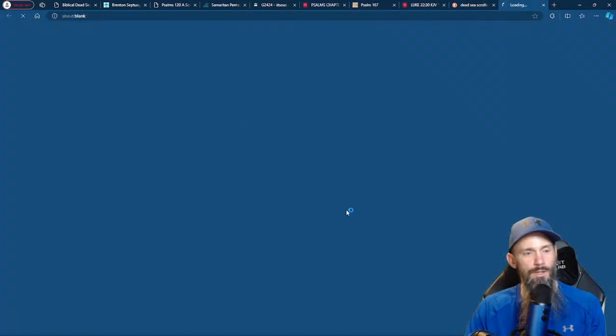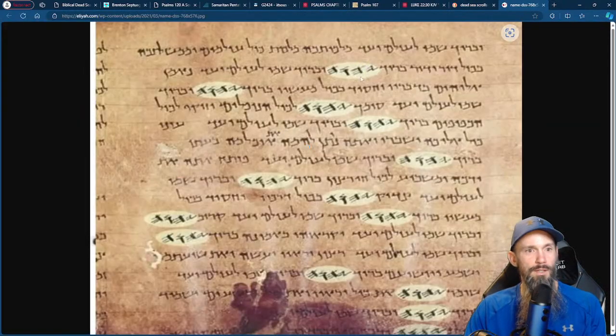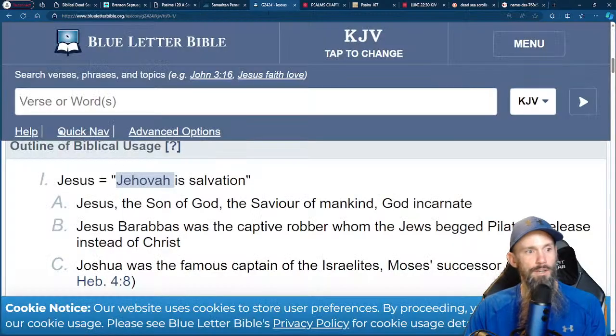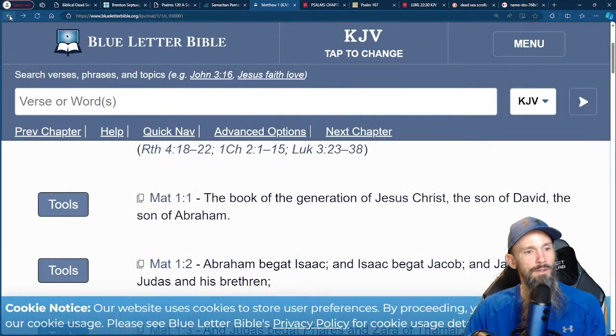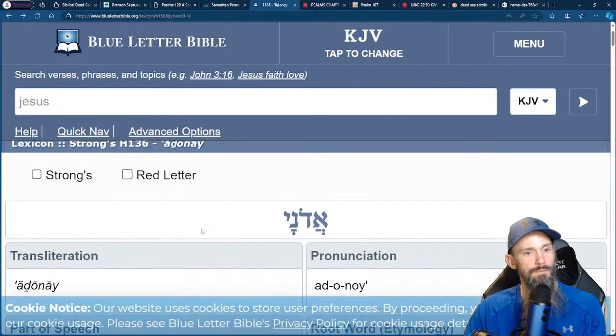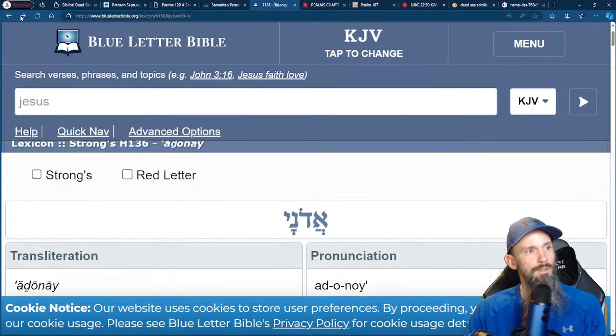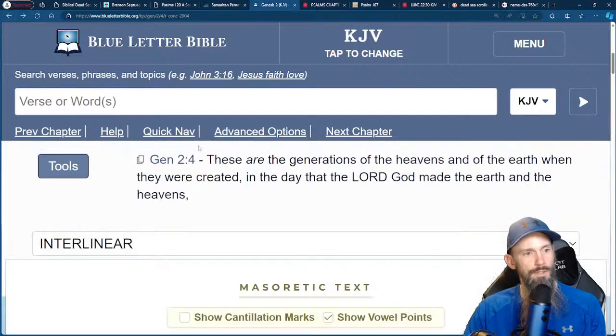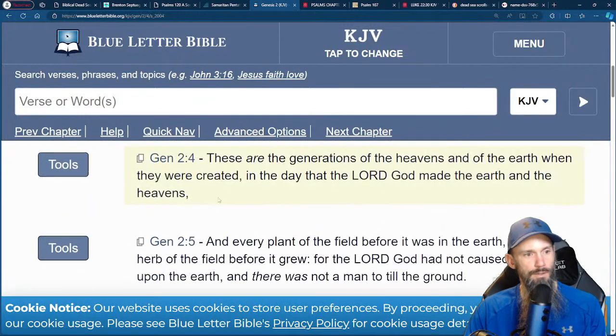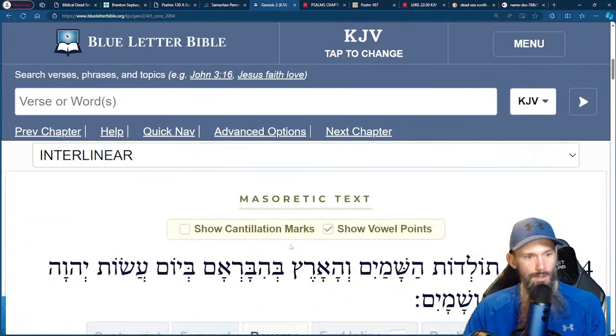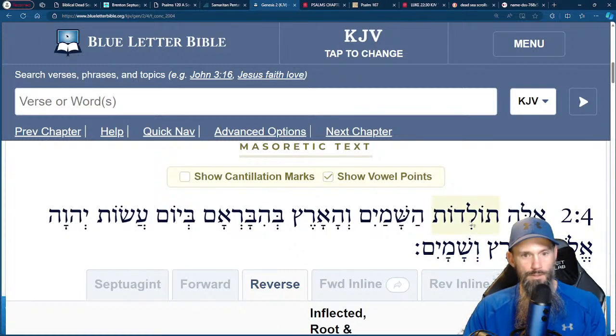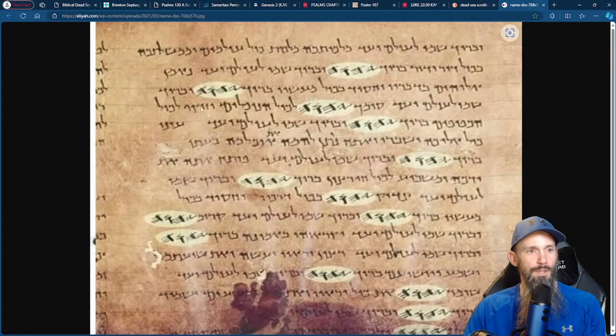All right. So you go here to the Dead Sea Scrolls. See all those vowel points they had over here? See the vowel points? Those are added. 9th century, 10th century AD, vowel points. Dead Sea Scrolls, no vowel points. And the Father's name here is in Paleo-Hebrew.